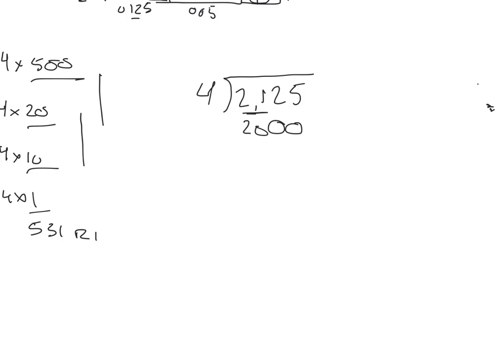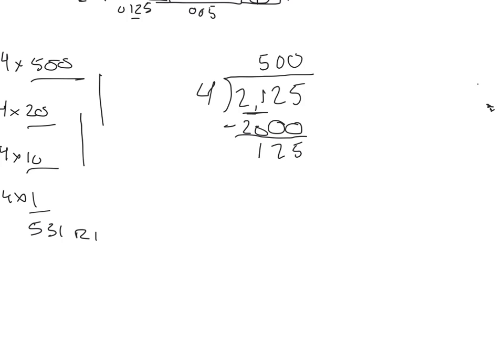And so I know that in order to get this, 4 times 500 is 2,000. Then I'm going to subtract. So just like long division, I subtract here, and I get 125. And so now I'm going to use 125 as my dividend.